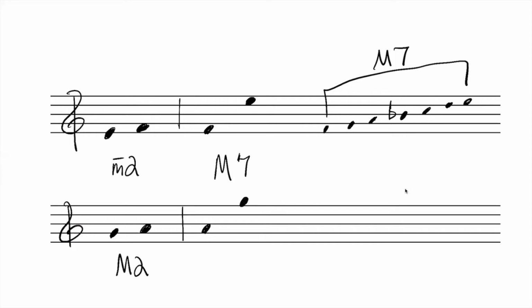The number inverts to a 7. You'll notice all seconds invert to sevenths and sevenths invert to seconds. And then the quality this time, however, is not going to be major, but instead minor. A to G is a minor seventh.